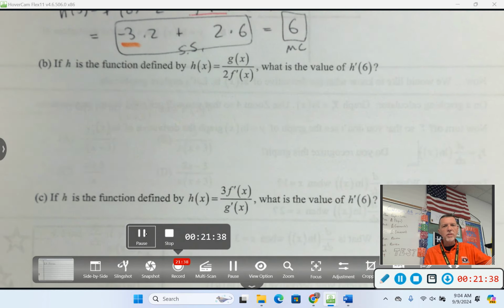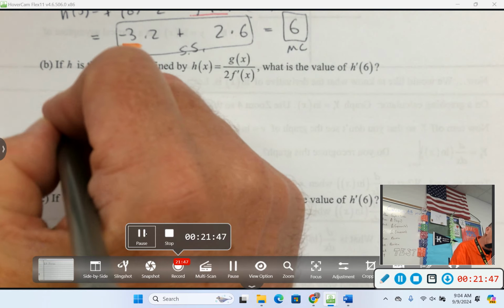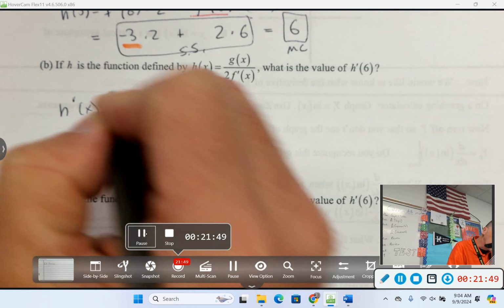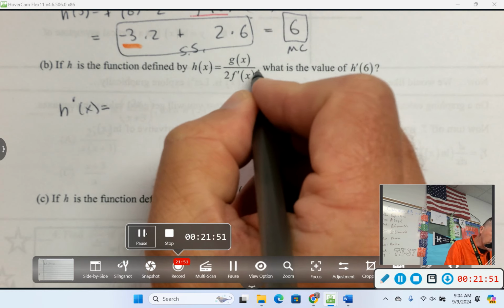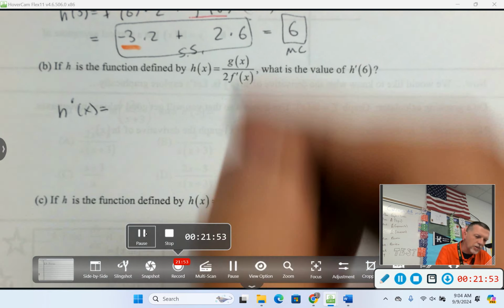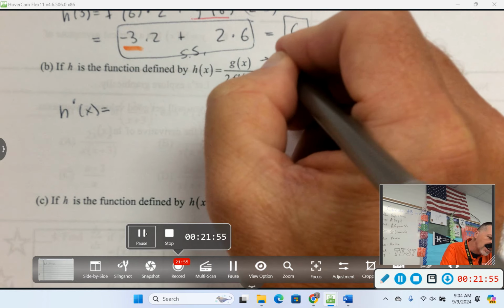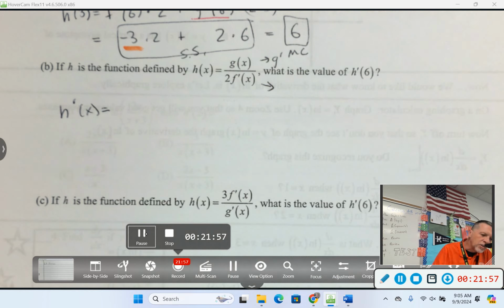Let's do one more. For b, if h is the function defined by that thing, h prime, so quotient rule, but quotient rule where there's already a derivative in there, so I need to be super careful here. What's the derivative of the bottom?